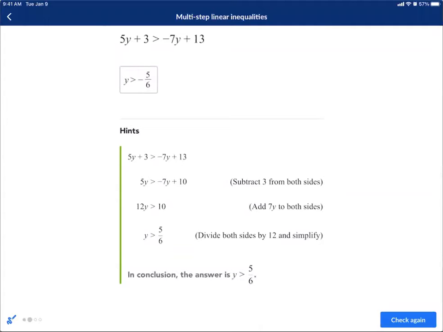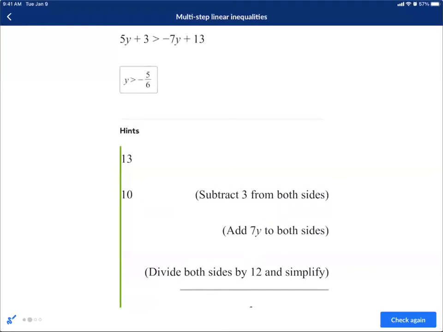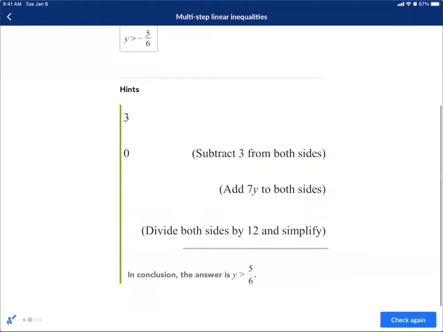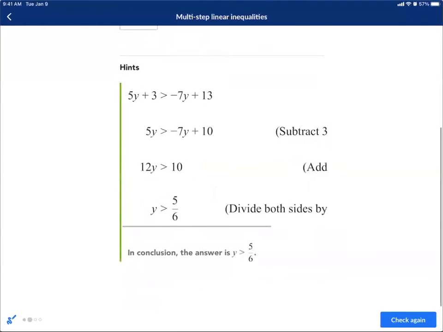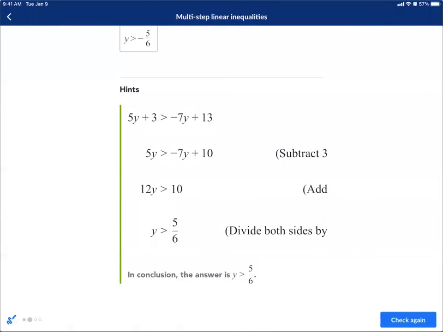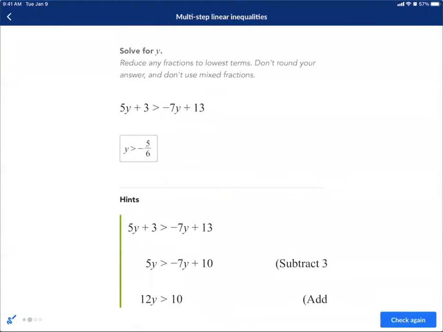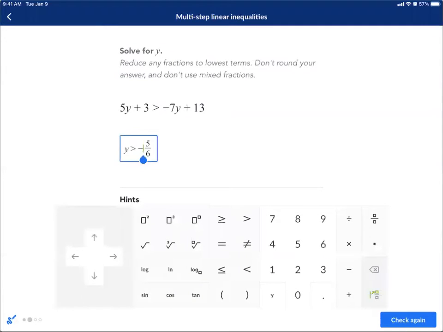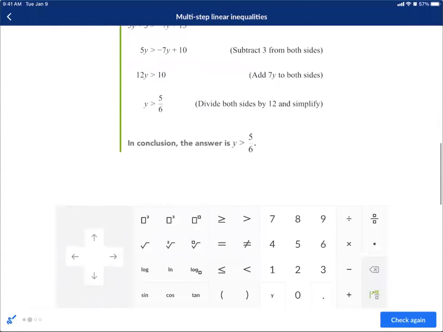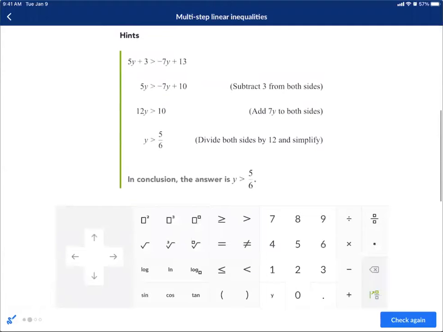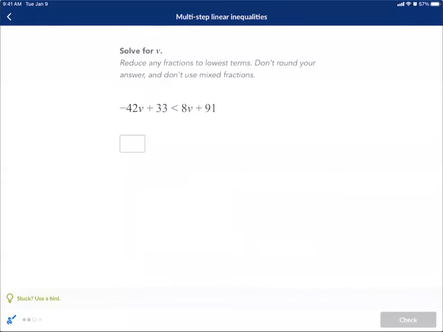And also, when we bring this down and we flip the side, see, it says subtract 3 from both sides, add 7 to both sides, then divide both sides by 12 and simplify. So once we flip this side over here, we still simplify. All right, anyway, let's move on to the next one.